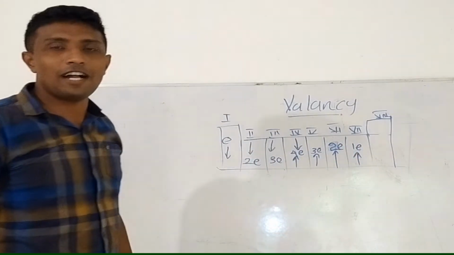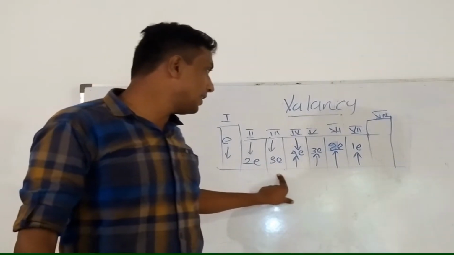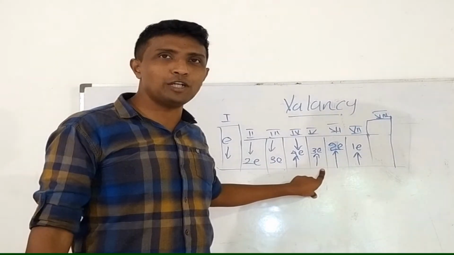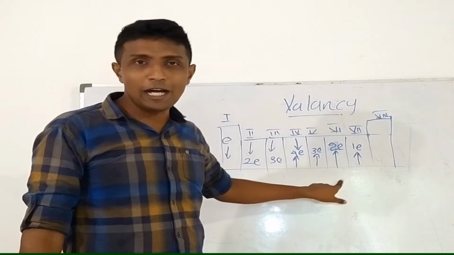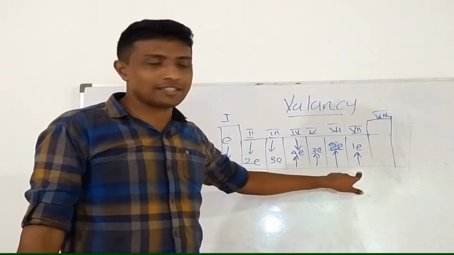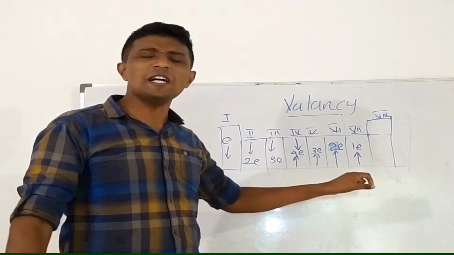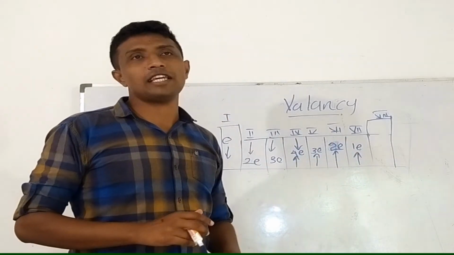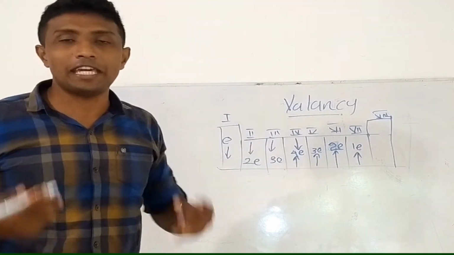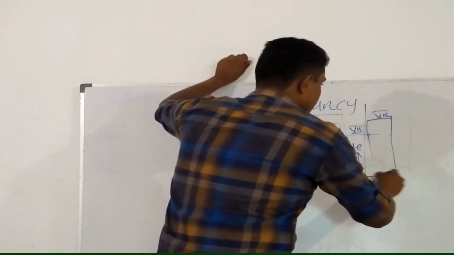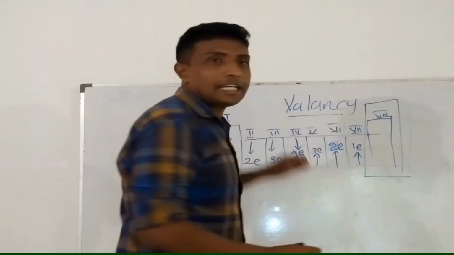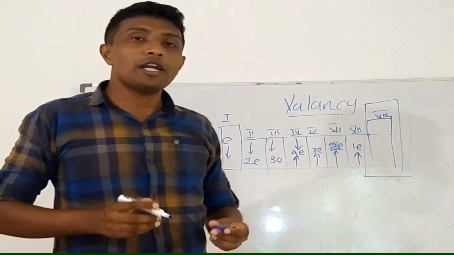Here the wealthy people are becoming poor, poorer and poorest. These are the people who are always seeking an electron. Wherever we give, they take. So what about this cornermost category? They are called noble gases.